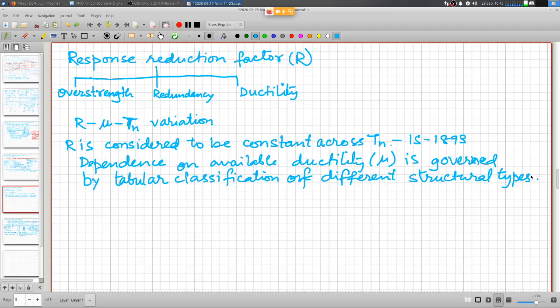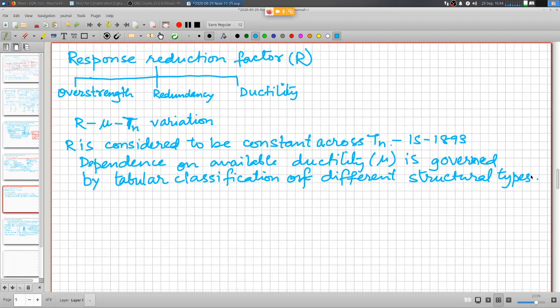So what kind of structural system are we dealing with? Is it an ordinary moment resistant frame, or a special moment resisting frame with ductile detailing, so that you will have a different amount of ductility in both cases, or whether you are using a steel frame or a shear wall structure, and so on. All these factors would be affecting the choice of R.